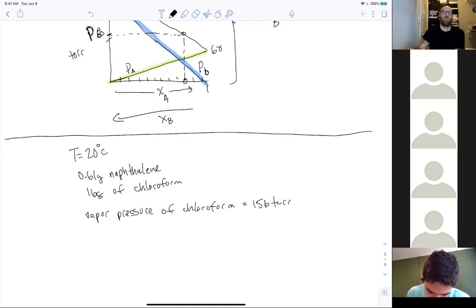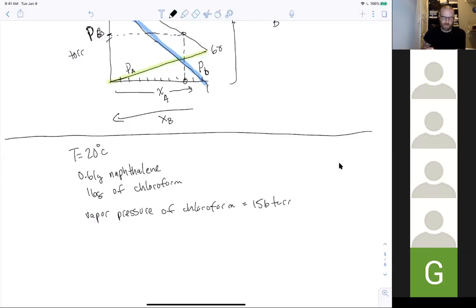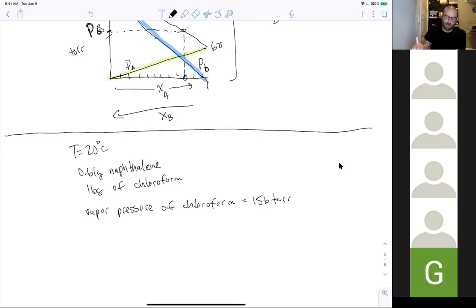I think all we really need to do is figure out the mole fraction of solute. Yeah, you just need to figure out the mole fraction of chloroform. But to do that, you have to actually know the moles of each of those components. And I think that's maybe the unclear part.